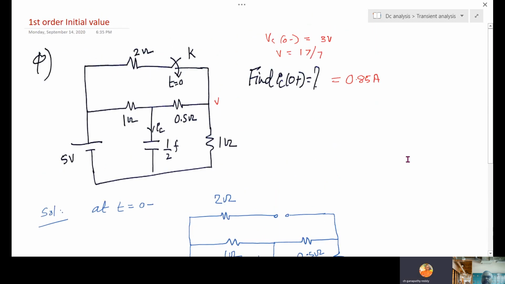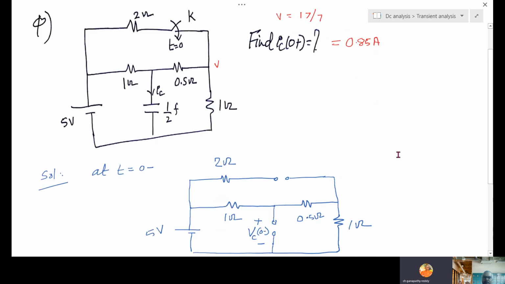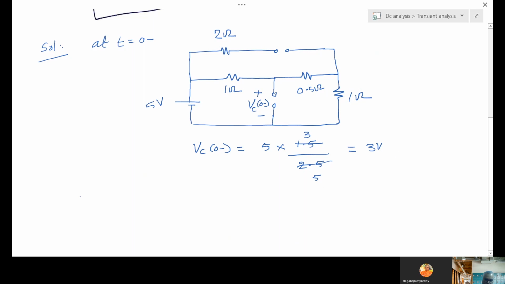Next, what is the question asking? IC 0 plus. So again, let t equal to 0 plus, which is anyway closed.